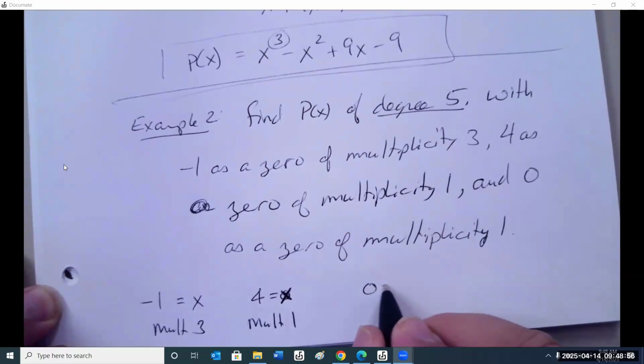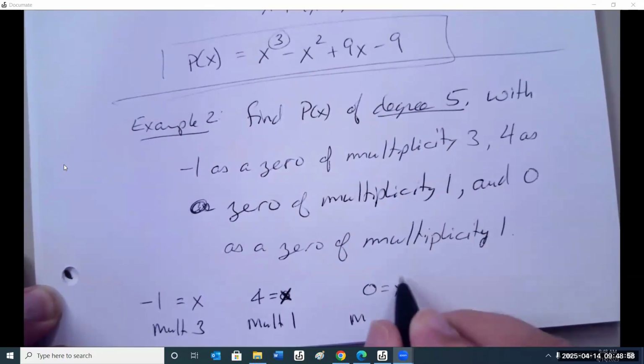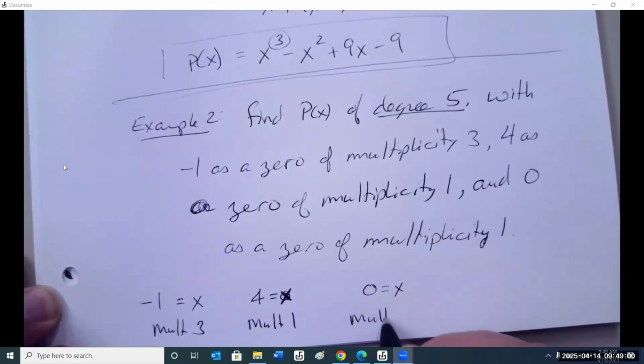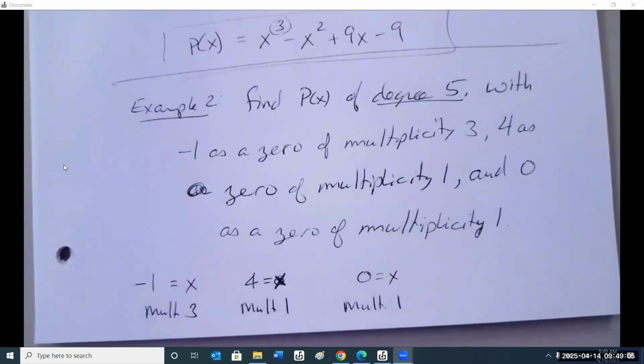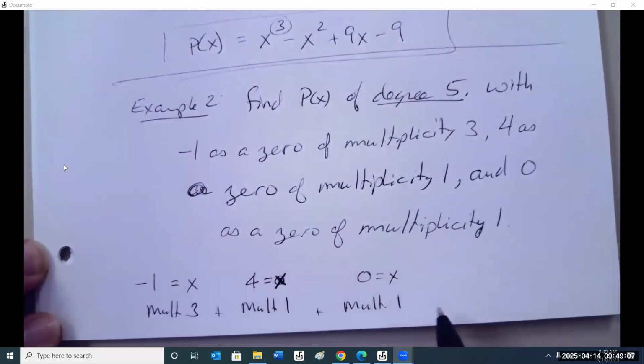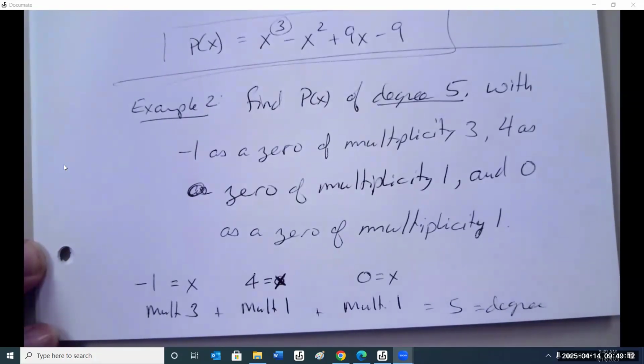And 0 is a 0 of multiplicity 1. If we add the multiplicities, we get 5, which is our degree. So that checks.